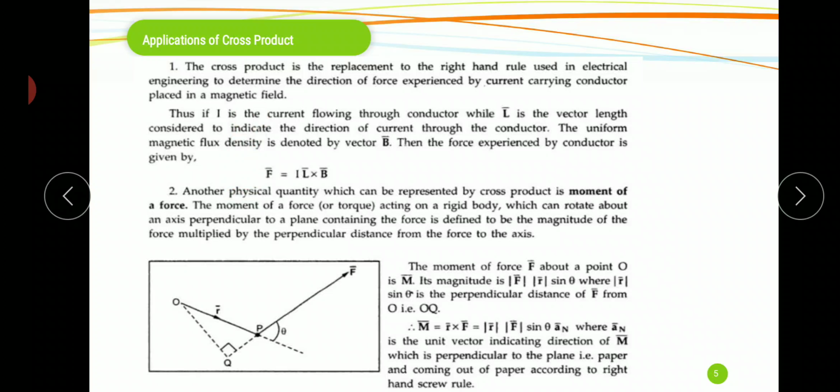And also there is another example. Another physical quantity that is a cross product is the momentum of a force, also named the torque, that acts on a rigid body which can rotate about its axis perpendicular to the plane containing the force. It is defined as the magnitude of the force multiplied by the perpendicular distance from the force to the axis.